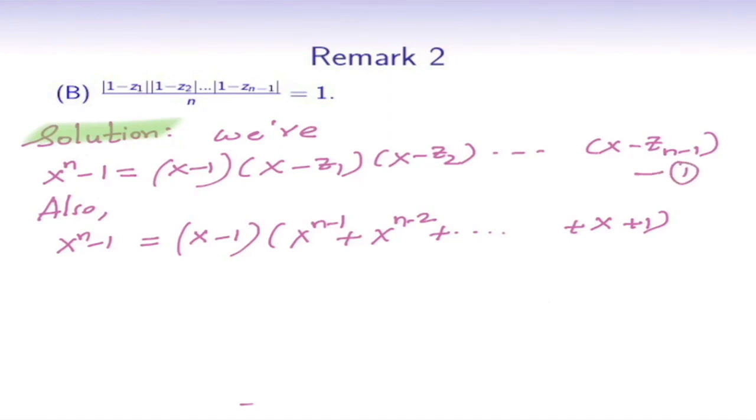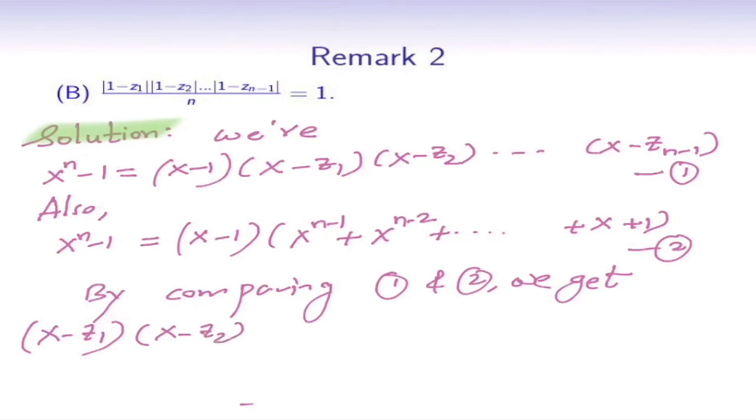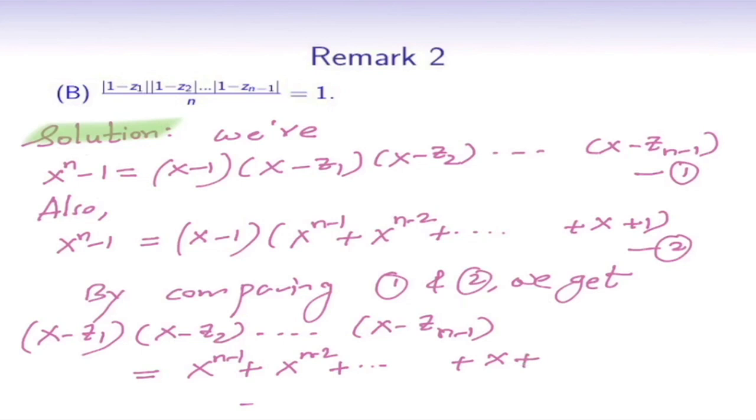By comparing the equations 1 and 2, we get that x minus z1 into x minus z2 and so on up to x minus zn minus 1 is equal to xn minus 1 plus xn minus 2 plus and so on up to x plus 1.